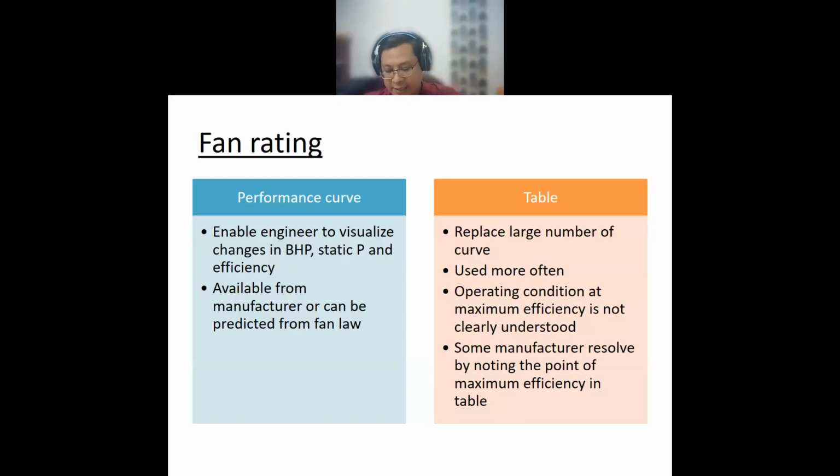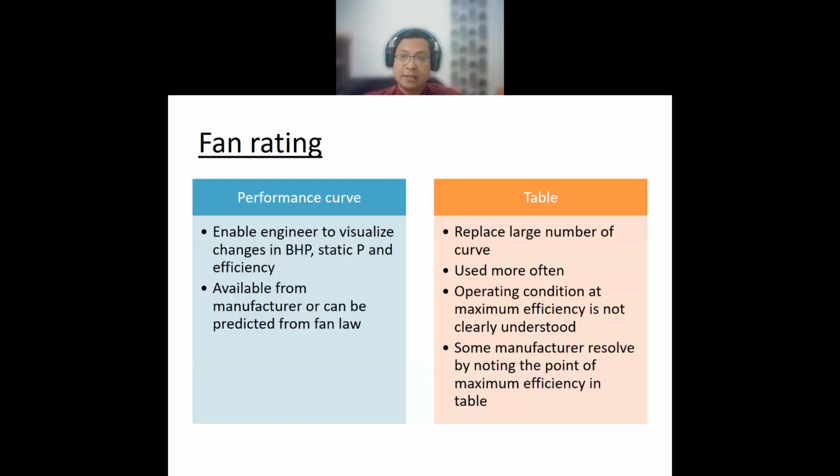Okay, before we decide to select the fan, it is better we ask the supplier or manufacturer to come up with the fan characteristics with all parameters like BHP, pressure, and CFM conditions. With those characteristics, we can decide which condition shows good or maximum performance.